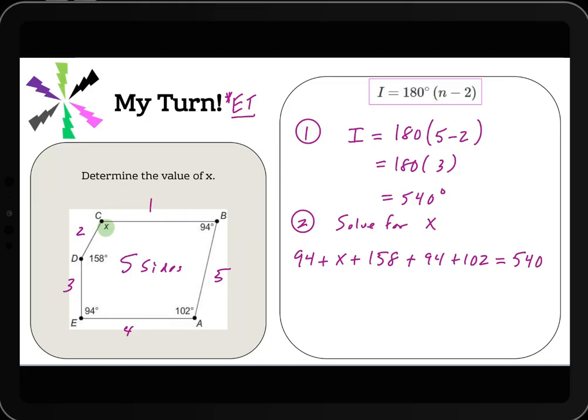So all of the numerical values add up to 448. We have that x there, and we have 540. Now we can subtract the 448 from the 540 and solve for the value of x. So here we get 92 degrees for our value of x. That would be my tip for an exit ticket question. This is going to be very helpful for you in how to solve or set up that problem.